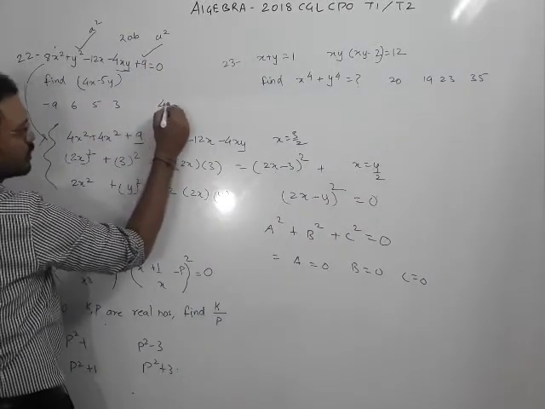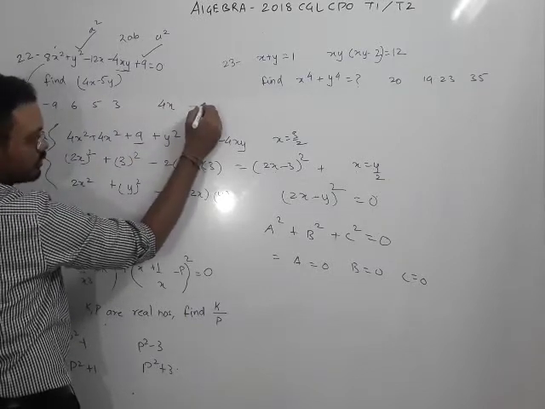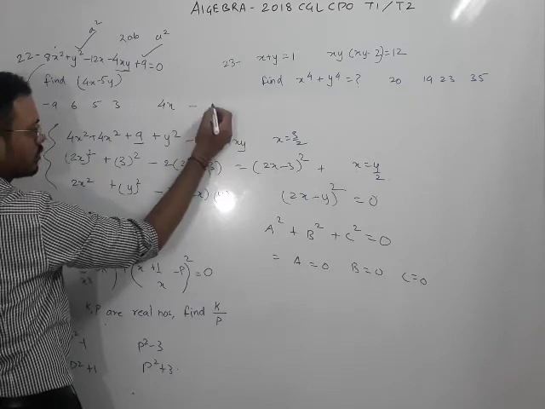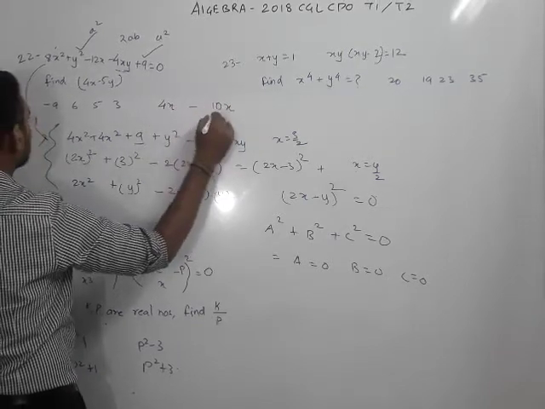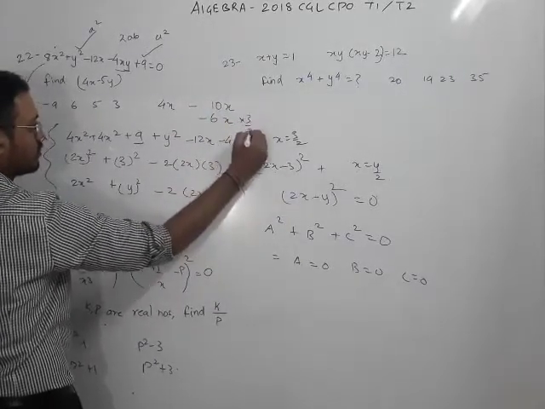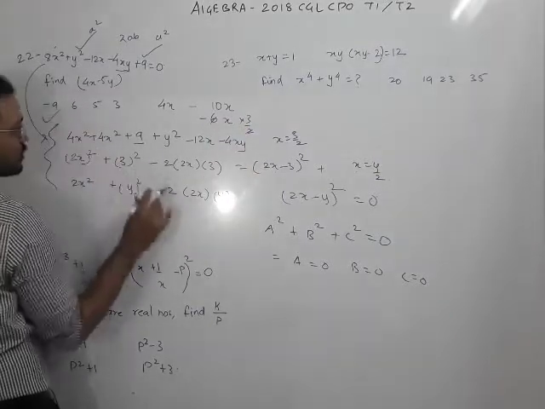So this will be 4x minus 5 into y, which is going to be 10x minus 6x, x is 3 by 2, minus 9 becomes your answer.